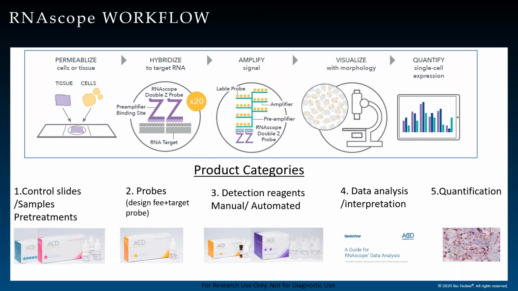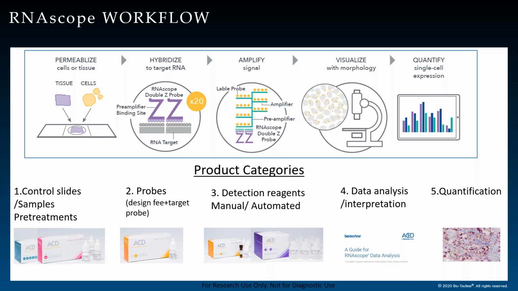Next, focusing on the core RNAscope technology workflow. The RNAscope assay workflow is similar to immunohistochemistry, so researchers who are familiar with tissue-based protein assays find it quite intuitive to adopt this workflow. First, we start with properly permeabilized cells or tissues with ACD's pretreatment reagents.